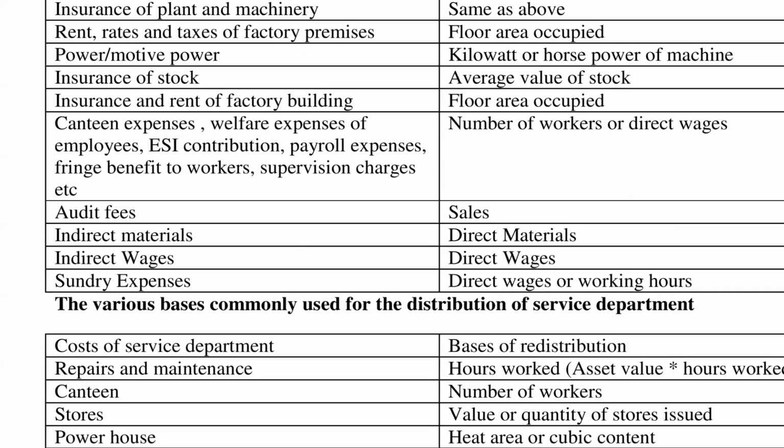If you have indirect materials, and you have the cost for direct materials, then you can use the cost of the direct materials. For indirect wages, you can use direct wages just to help in the allocation process, because we are just trying to look for the most appropriate basis of apportionment, the one that is very close to the cost that we are considering.